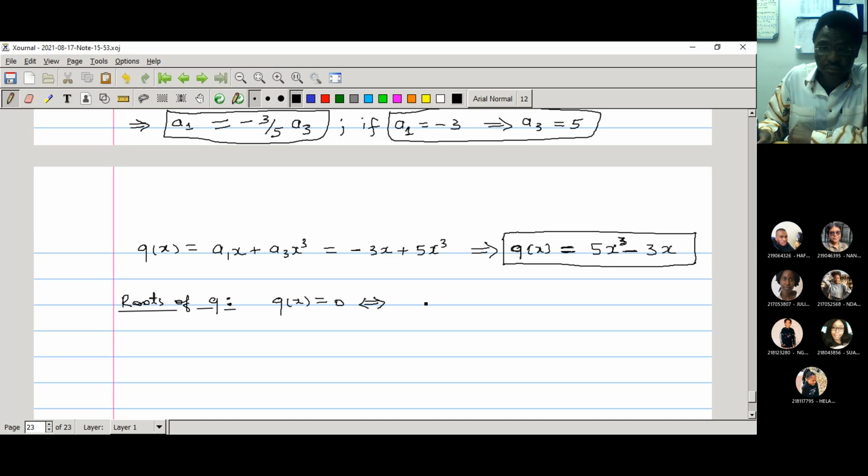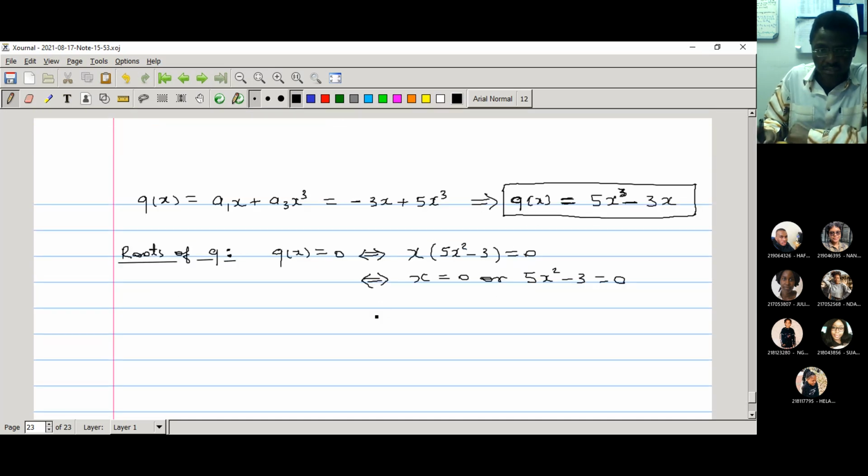This is equivalent to, you can see that I can factor out x. So I have x times (5x squared minus 3) equal to 0. And this is equivalent to what? So here we have x equal to 0, or 5x squared minus 3 equal to 0.